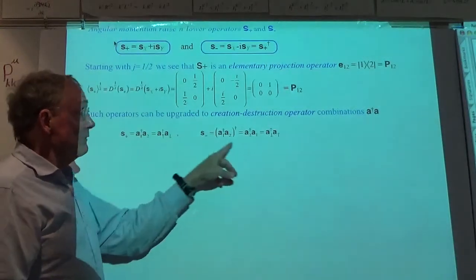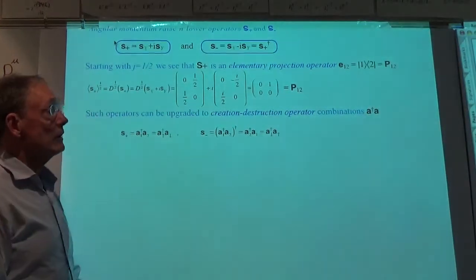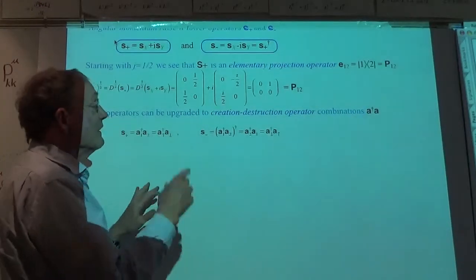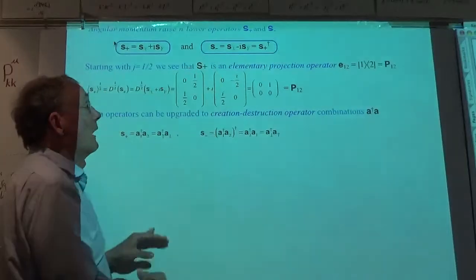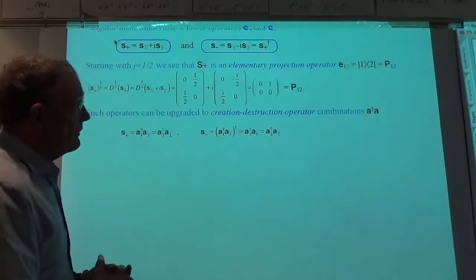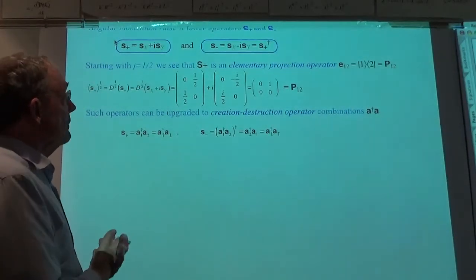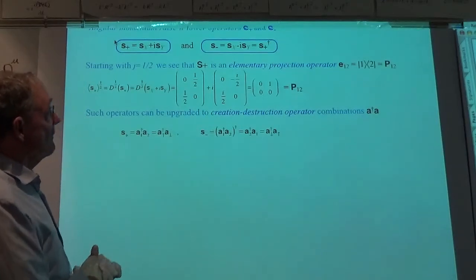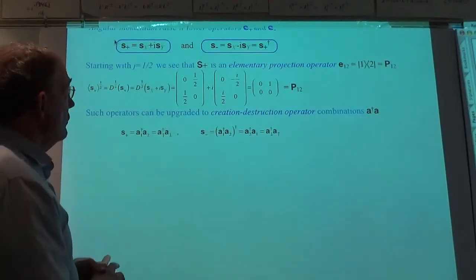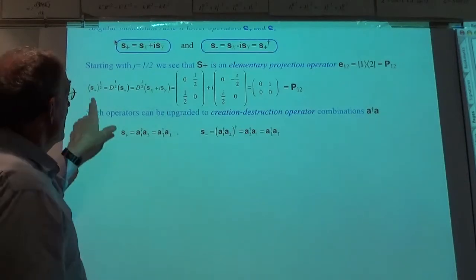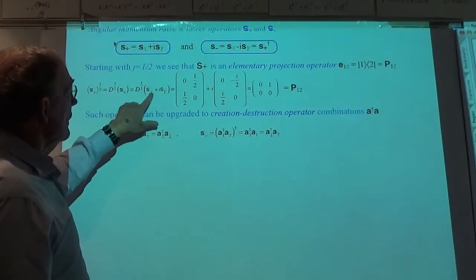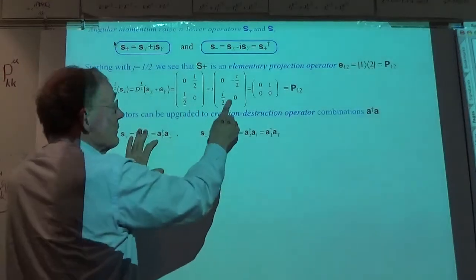This is part of our creation destruction algebra. But I want to show you that it is the same as the operators that these people pull out for angular momentum, without mentioning that the bosons are behind the scenes. So when I do that breakup, say it's S plus here, Sx plus i Sy, this is what it looks like.